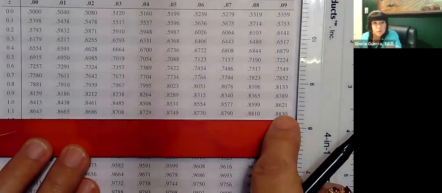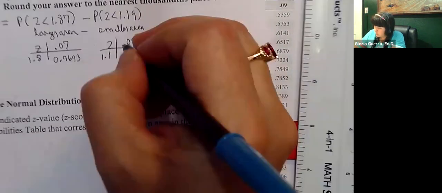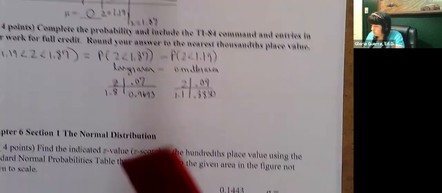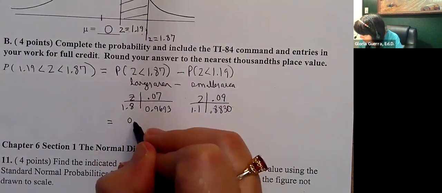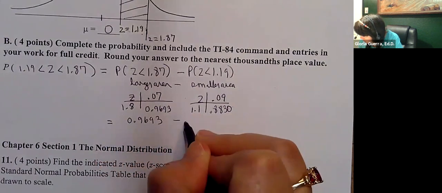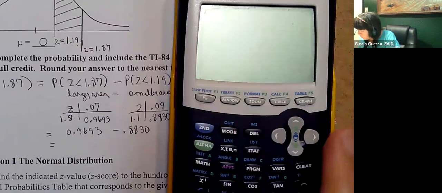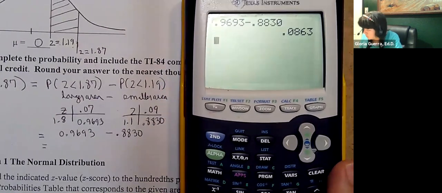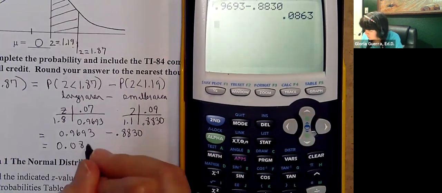See that number right there? 0.8830. So then when you're subtracting, you're going to subtract 0.9693 minus 0.8830. 0.9693, take away 0.8830, which is 0.0863.